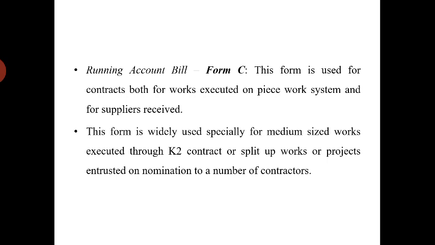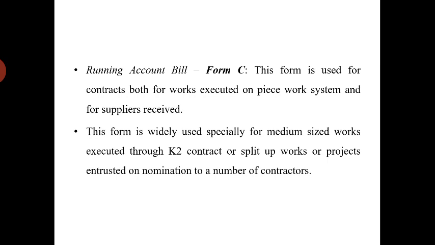This form is widely used, especially for medium size works executed through K2 contract, or a split of works, or a project entrusted on nomination to a number of contractors.